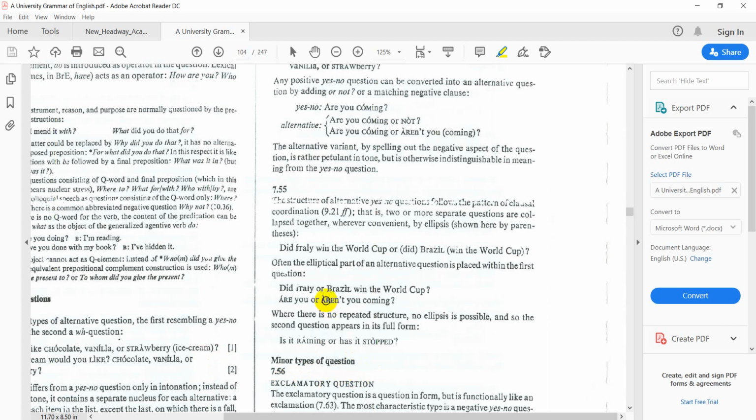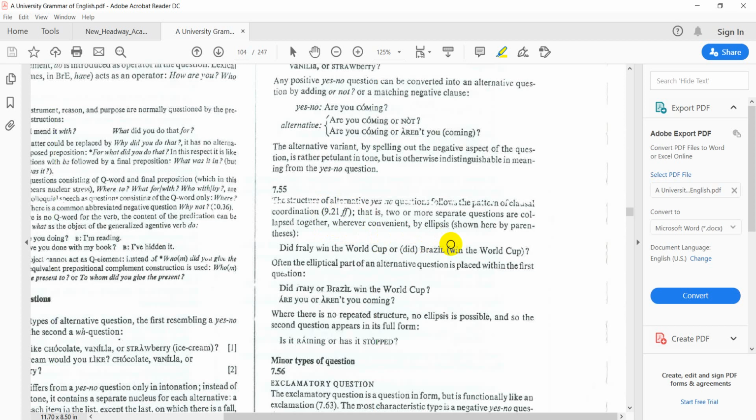So section 7.55: the structure of alternative yes-no questions follows the pattern of clausal coordination, which is found in Unit 9. Okay, let me read Unit 9, Section 9.21.